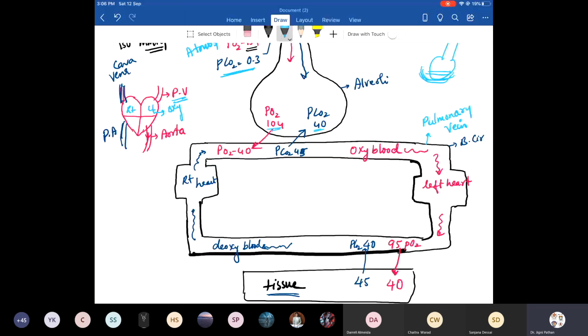Who gives oxygenated blood to different parts of the body? Aorta. Very good, Madhura. It's aorta, right? It gives oxygenated blood to different parts of the body. Now, the right side of the heart receives what kind of blood?